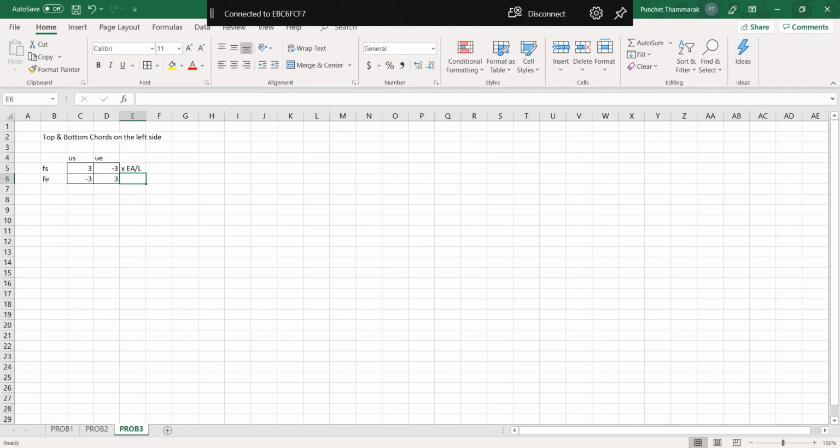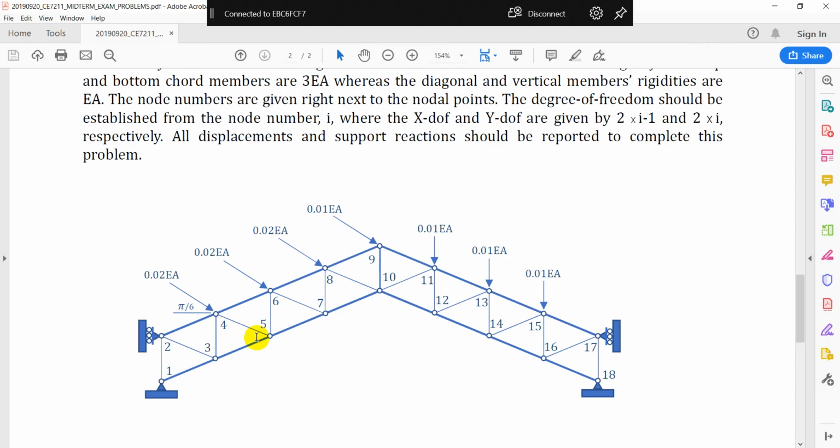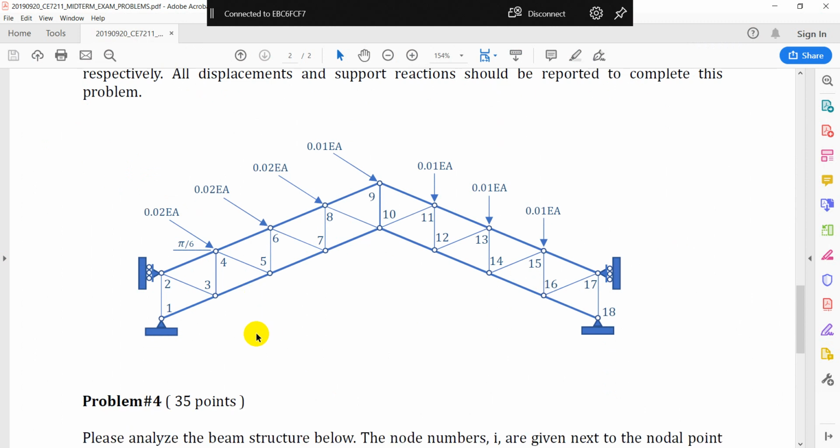And for this, you have to be consistent, as I mentioned before. If we want to measure the angle like this, with the x-axis going here, and we want to measure from the x-axis up like this, then this has to be the starting node and this has to be the ending node.